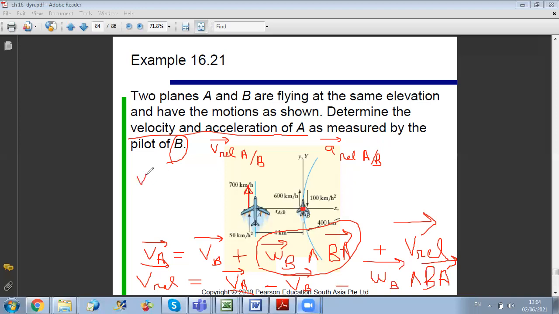VA, we replace it by 700 J. Here, small j and big J are the same, so it doesn't matter. So it's 700 times small j. Concerning VB, VB absolute is 600 J.